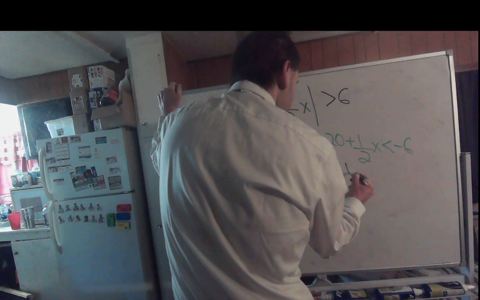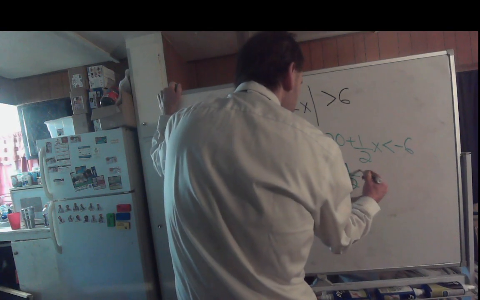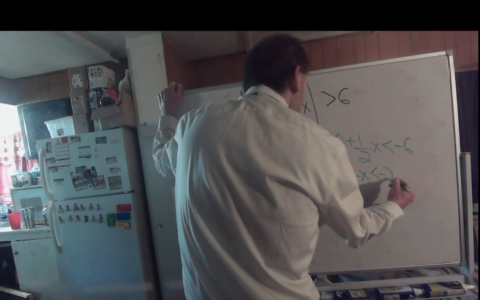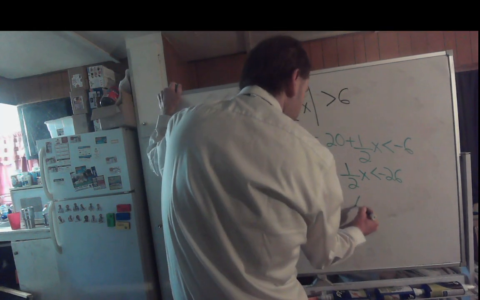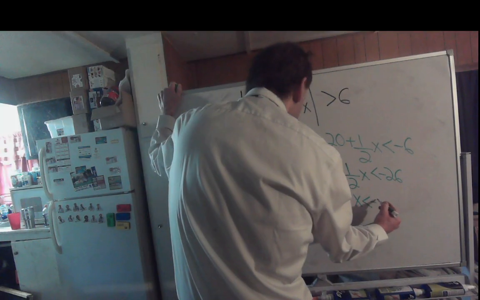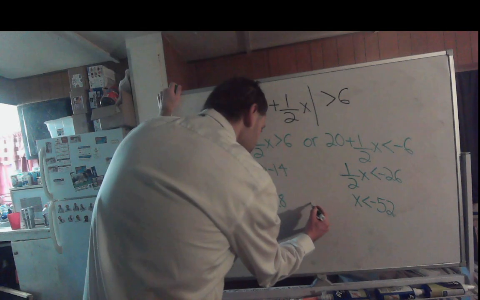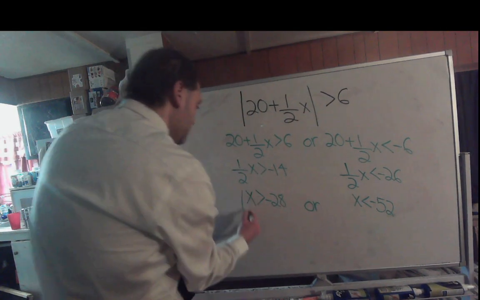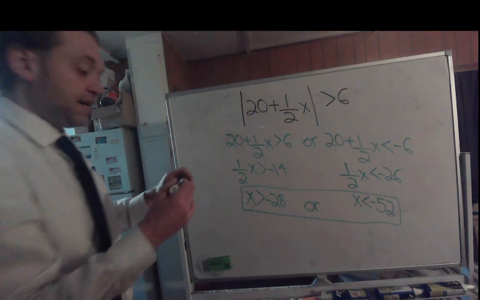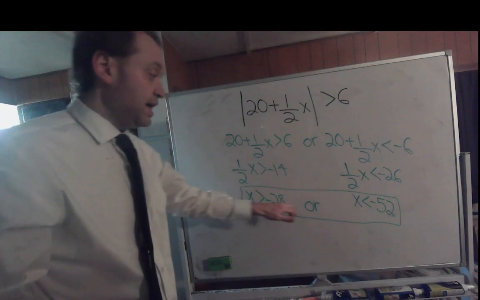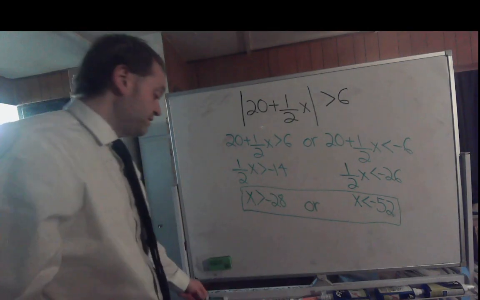This would give you that 1/2 x is less than negative 26, which would give you that x is less than negative 52. So the solution here for this absolute value inequality is that x is greater than negative 28 or x is less than negative 52.